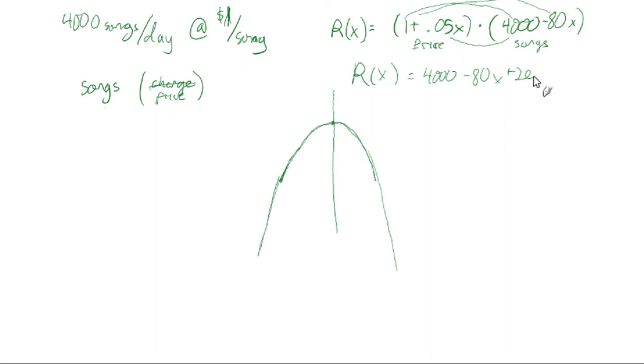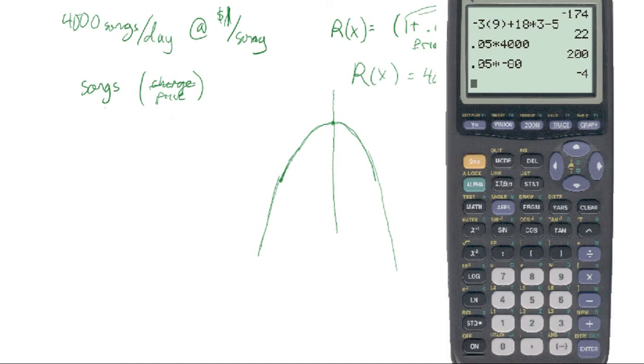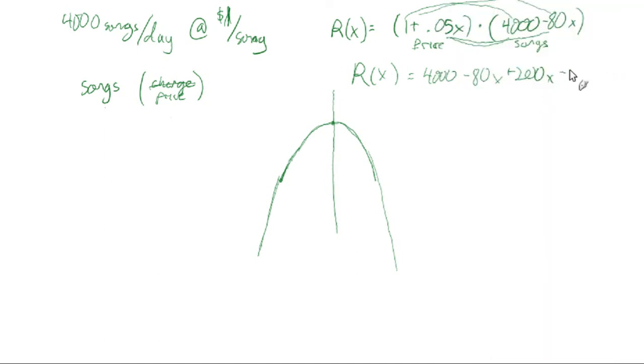So plus 200x, and then the 0.05 times negative 80, it's negative 4. So negative 4x squared, because we're multiplying the x by the x, and we get x squared. This would be 4,000, minus, or actually plus 120x, negative 80x and 200x, minus 4x squared.